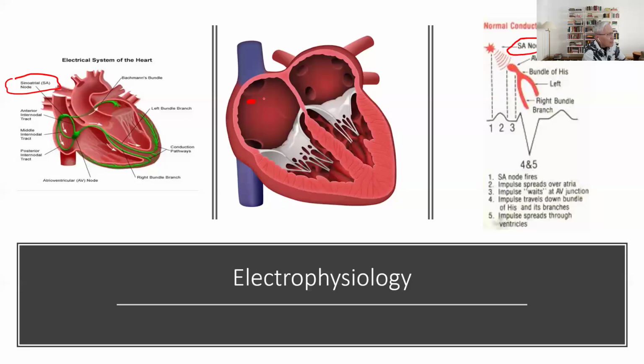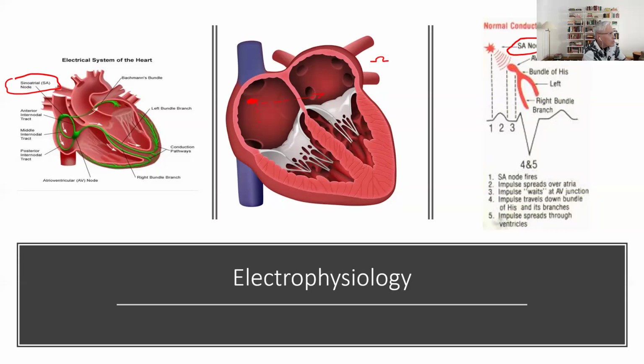Now, if there's going to be a generation of an electrical impulse, the sinus node discharges them to the atria. Once it goes into the atria, it's going to depolarize the atria and cause a waveform known as the P wave.